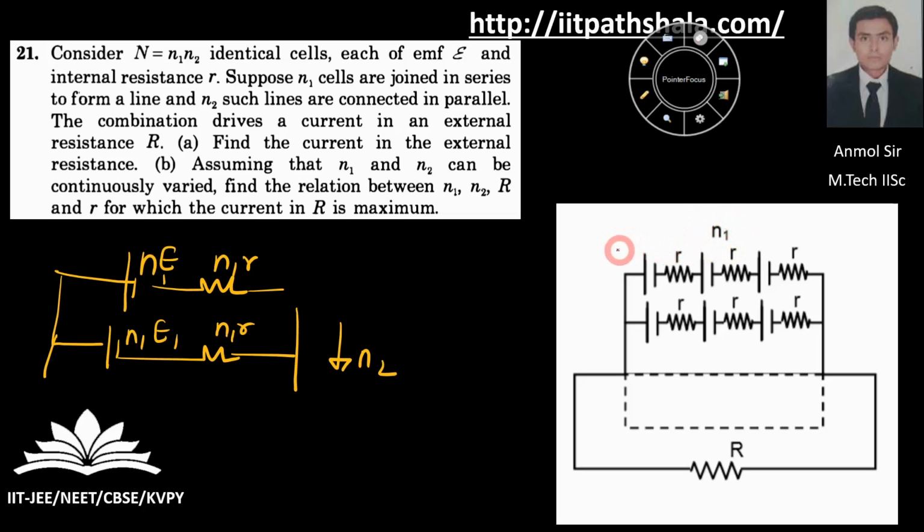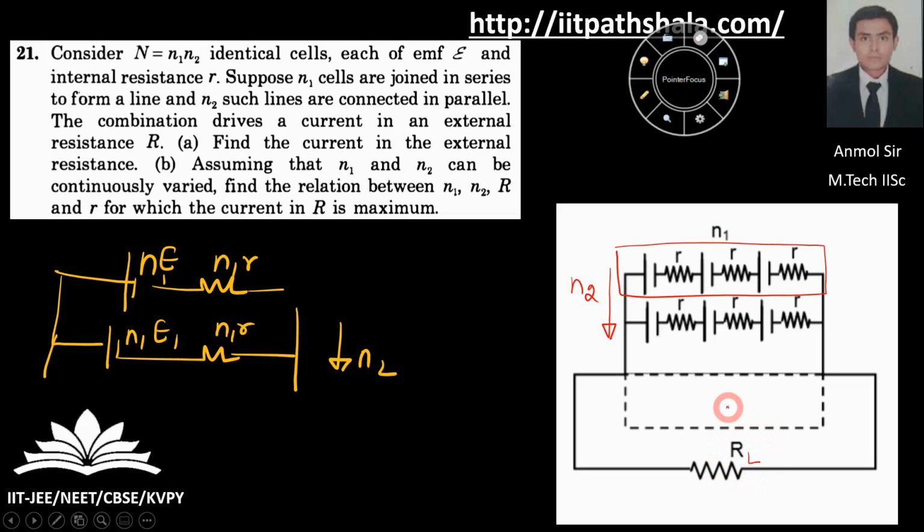You have made them aligned in a particular line over here. Now you have joined n2 of the same kind of lines in parallel, and you have connected the whole circuitry to a load resistance, and now you have to find out the current in this load resistance over here. Then you have to determine the maximum current in this load resistance over here.